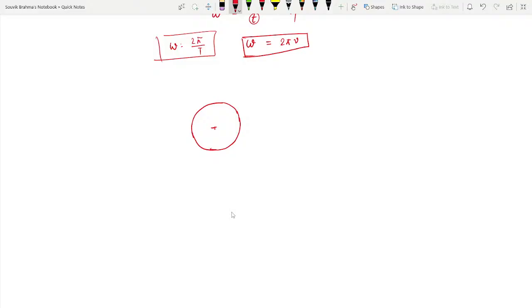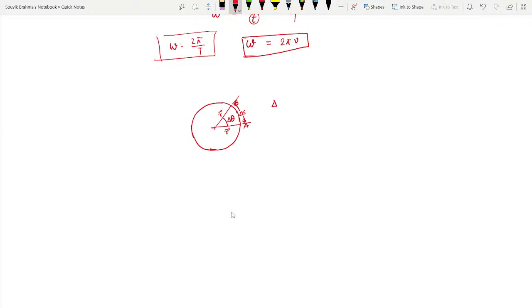Now suppose it travels from point A to B. Now the difference between A and B, if you see the circular path, that is actually delta S along the path, and the angle is delta theta, and this is the radius vector, here also r.